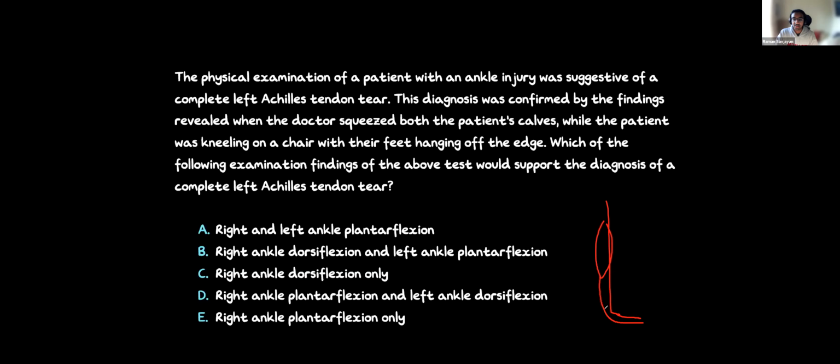If you contract it, what's happening? The foot's going to come down. So one of the functions of the gastrocnemius would be plantar flexion. Again, the way I remember plantar flexion is you plant your foot, the bottom of your foot, that's plantar flexion. Dorsiflexion, dorsal is the top, dorsal fin, so that'll be moving your foot up. Okay, so their left plantar flexion will be gone.